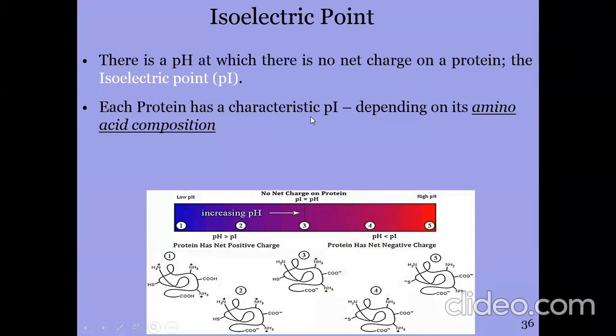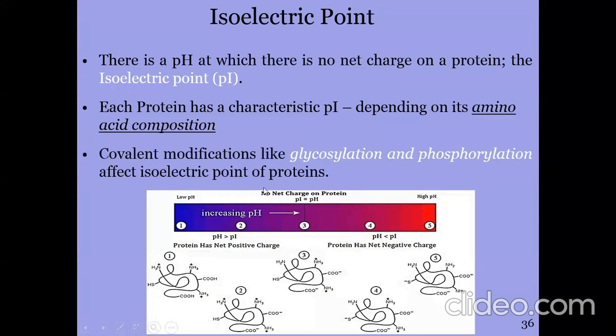Covalent modifications like glycosylation and phosphorylation also affect the isoelectric point of proteins. Am I clear up till now?